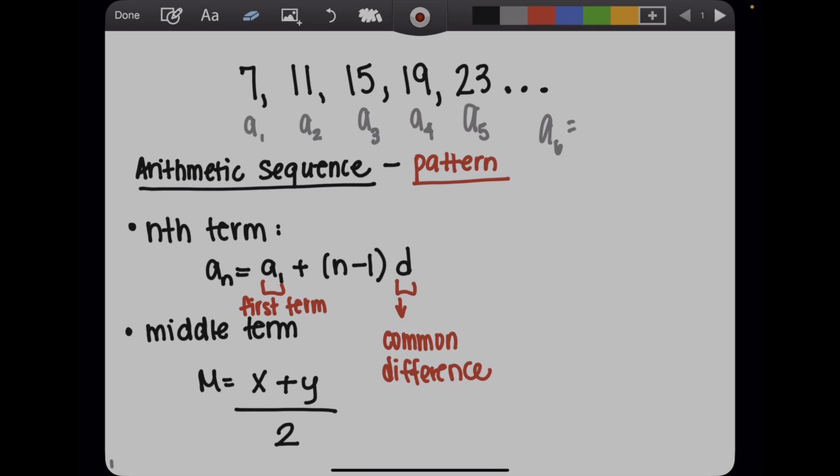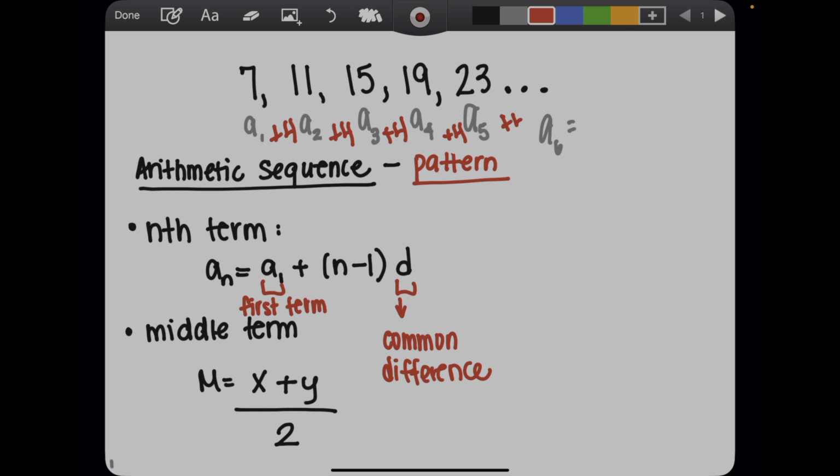Let's take a look at this example. I have 7, 11, then 15, 19, and 23. As you can see, the numbers are increasing and they increase by 4 each time. In other words, we are adding 4 to each term to get to the next one.